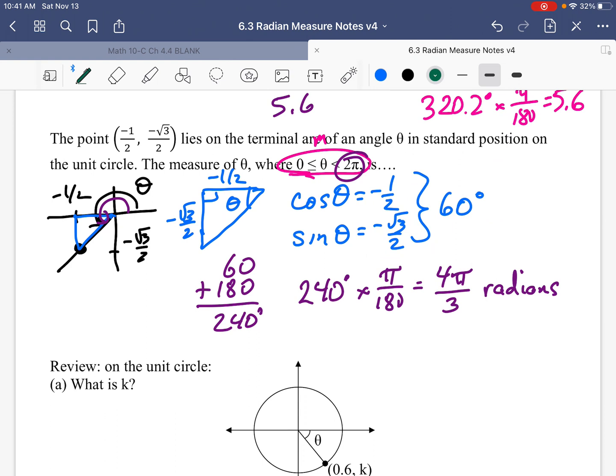All right. Now, you could always solve it, because tan of theta is opposite over adjacent, or minus square root of 3 over 2 divided by minus 1/2. So theta would be tan inverse of that.